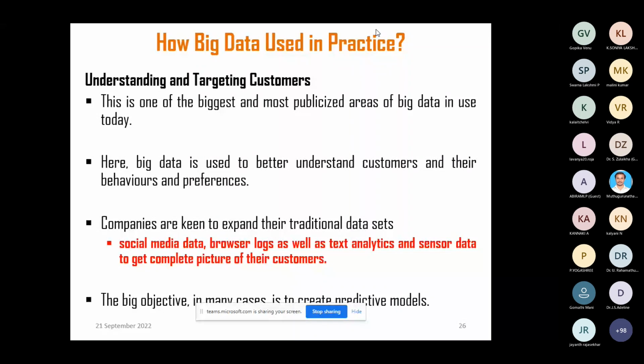Swiggy, most of you might be using, and of course they are generating a business of more than 700 crores turnover in a year. For example, we may be looking to order idli or dosa, which is a kind of popular food in our region. You may be just browsing to purchase, or placing an order for idli or dosa.